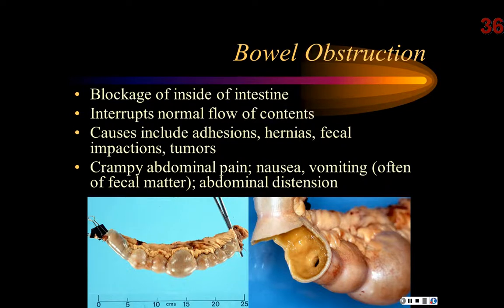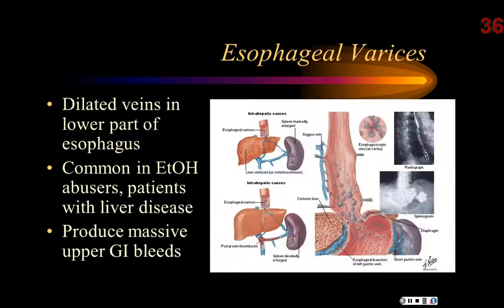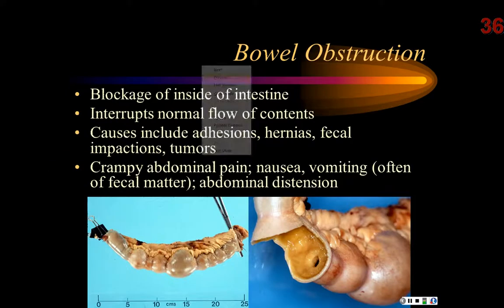I was learning in A&P that when you have deep vomiting, like when you drink too much alcohol, you're actually getting some bit of that pre-fecal matter coming through the stomach all the way up. They'll also have abdominal distension because of the backflow, right? Because of the buildup.